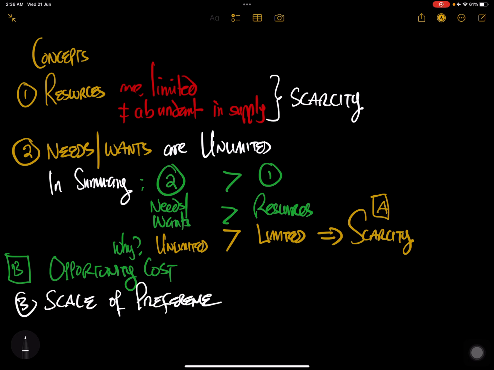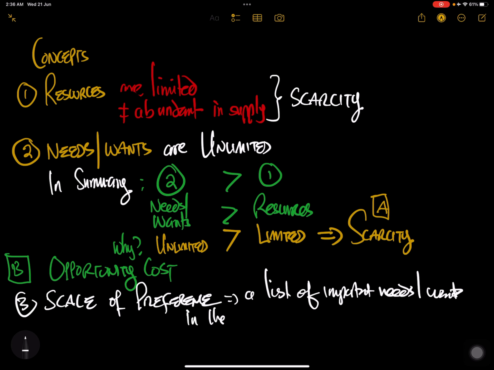It's a list you will make of important needs and wants, in the order of the most preferred at the top.